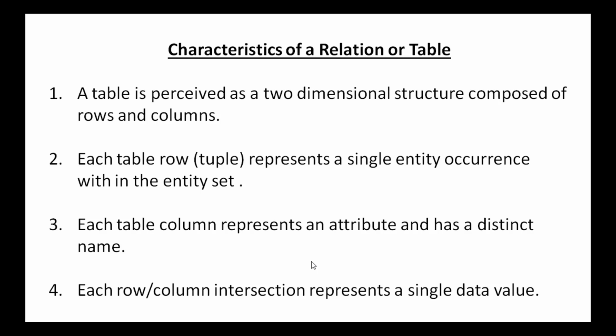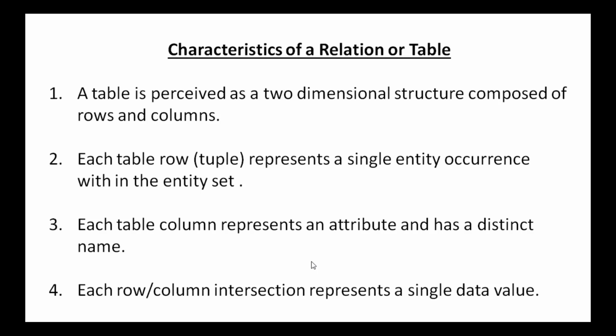And coming to the characteristics of a relation or table, how we are going to represent a relation or a table. What is a table? A table is a two-dimensional structure which is composed of rows and columns. Every table row, known as a tuple also, represents a single entity occurrence within the entity set.